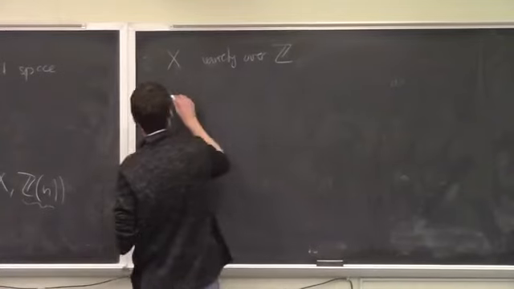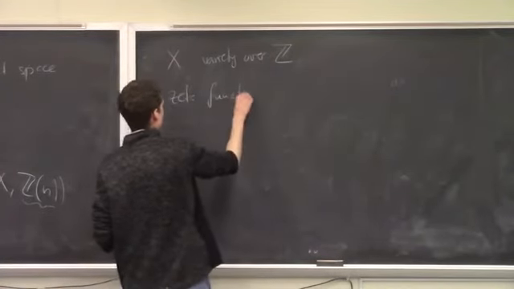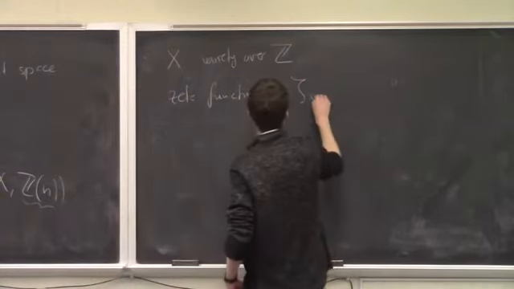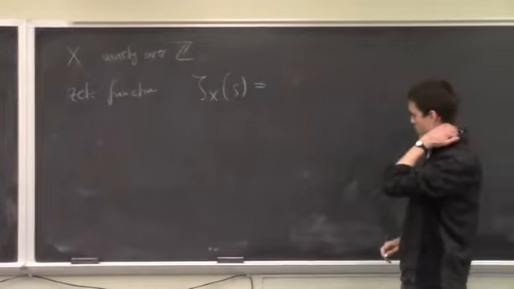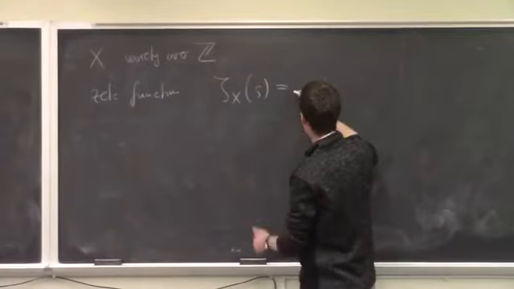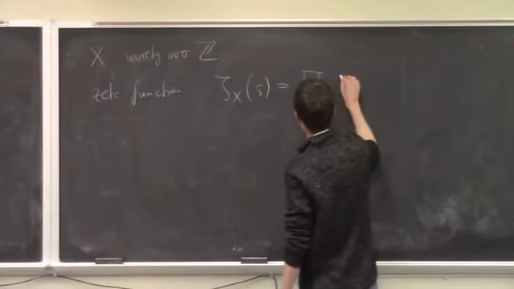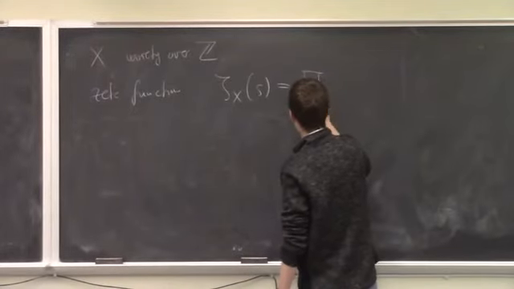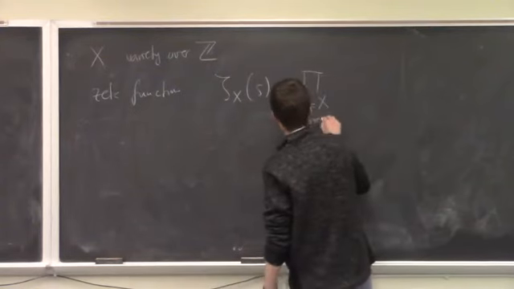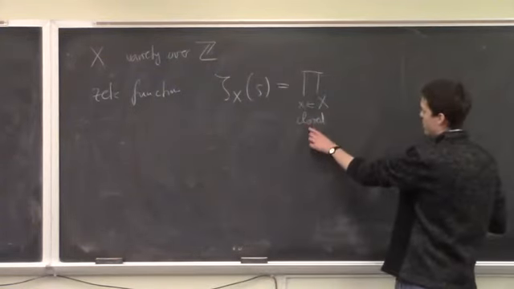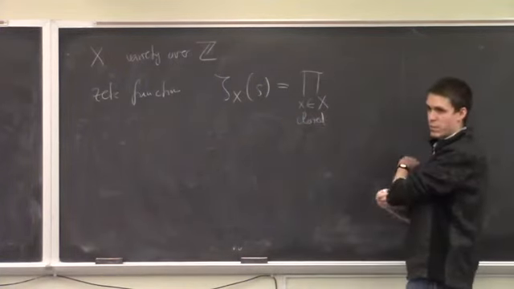In this context, we also have the zeta function of X. It's a function of a complex argument defined as this Euler product over all the closed points x of X. This means solutions of these equations over a finite field.